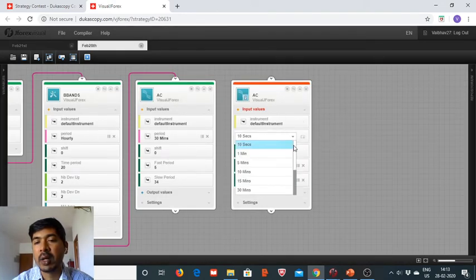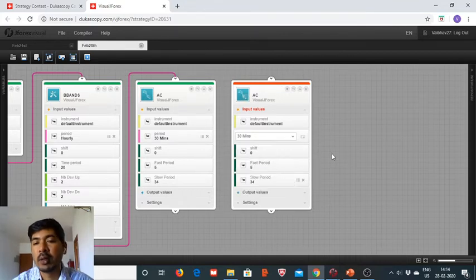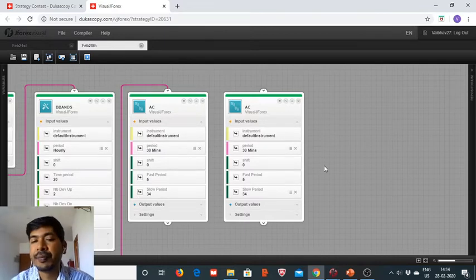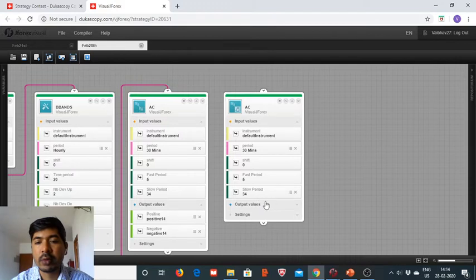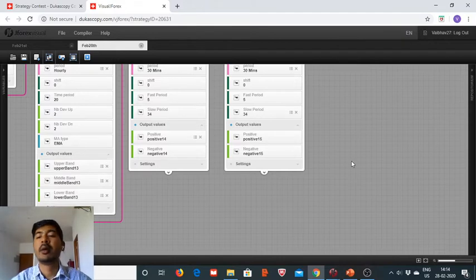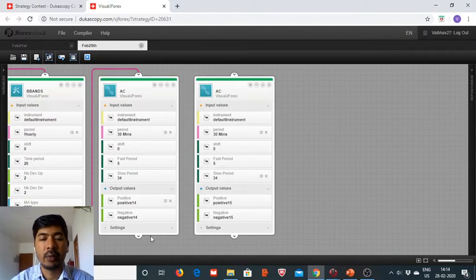Then that will cut out the time lag of 30 minutes between change of trend and our positioning or placing of order. And what we do, we output values positive and negative, and here these are bands, we connect now.